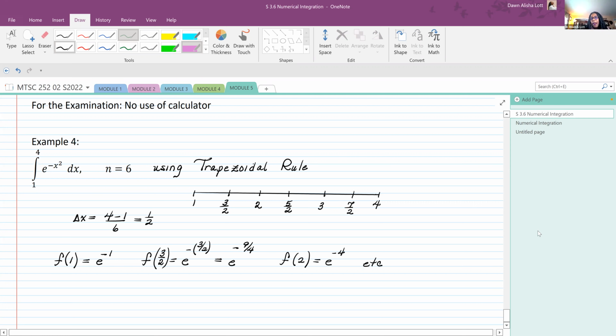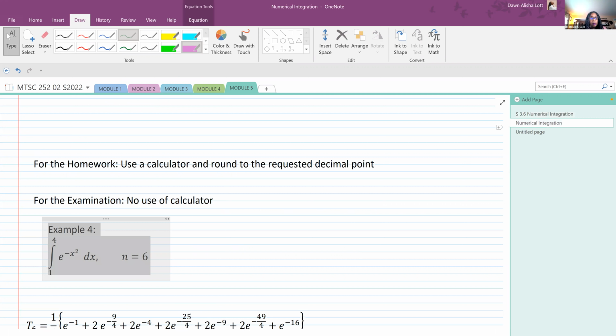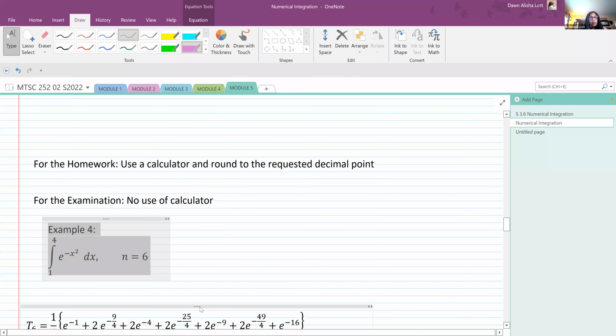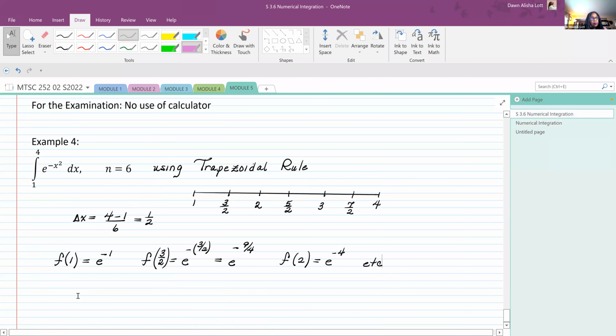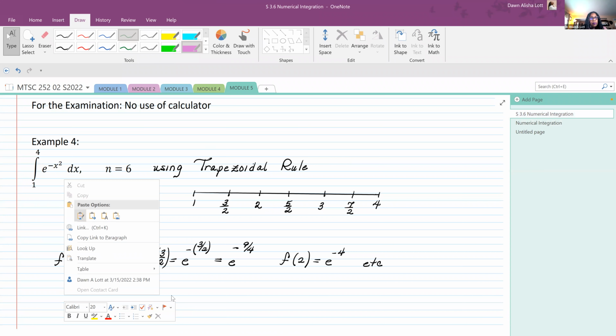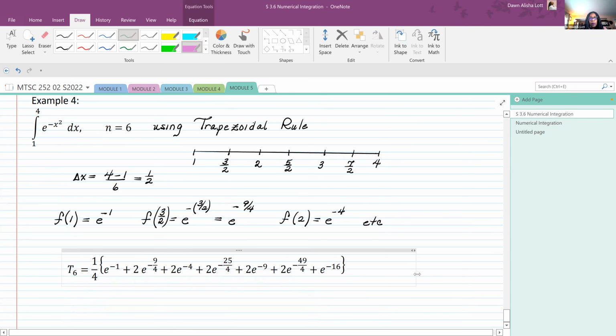Okay. And then your final answer on the exam will be this. This is delta x over 2, which is 1 over 4.